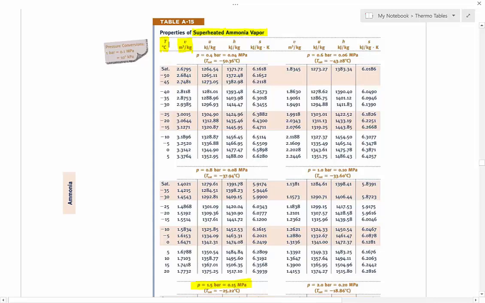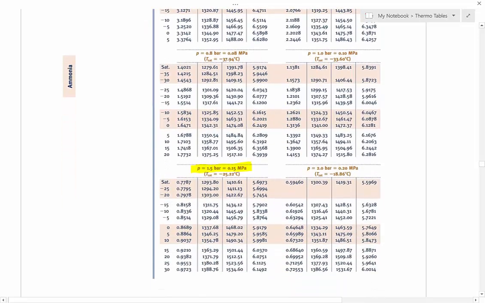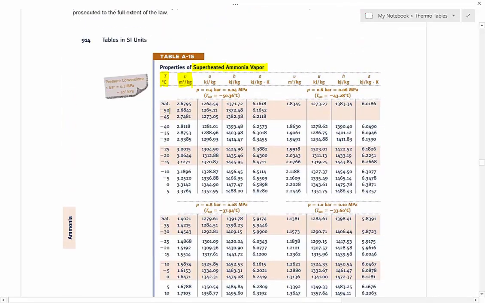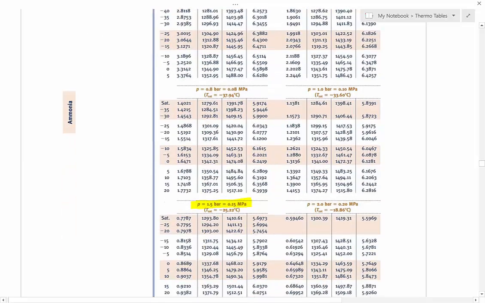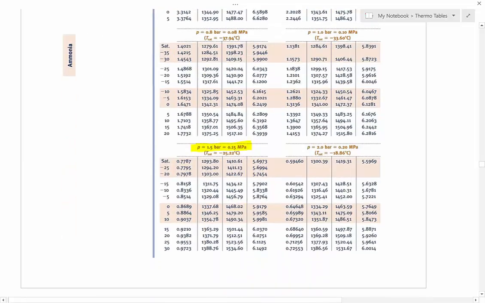So for example, if we know the temperature is -50, something like this, and then you can find a corresponding nu easily, which is 2.6841.